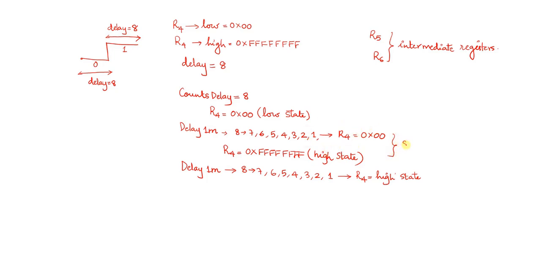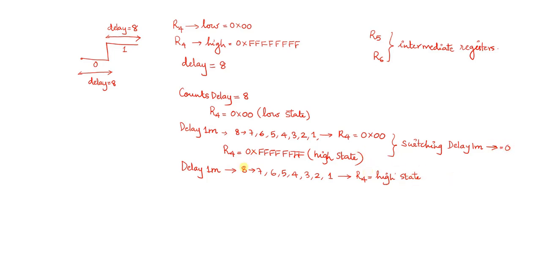Okay. So, the switching occurs when the value of your delay count, that is delay 1m, the label that we have specified, is going to be equal to 0.